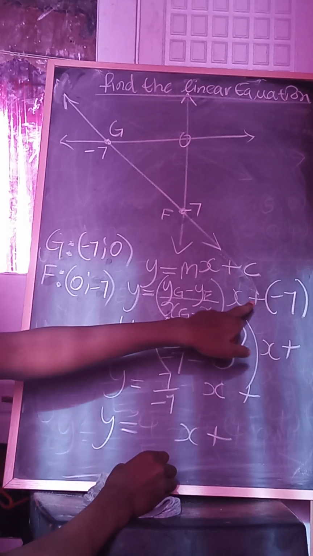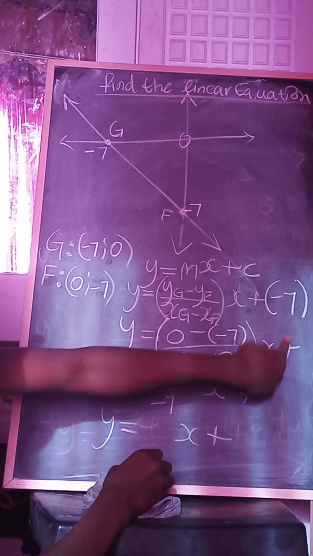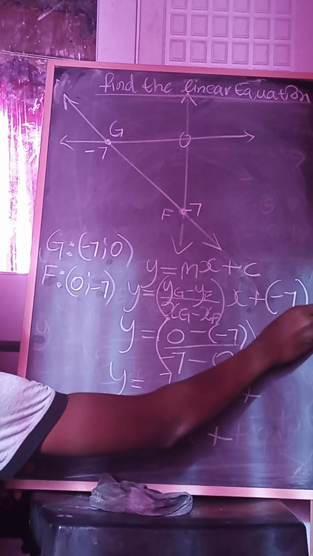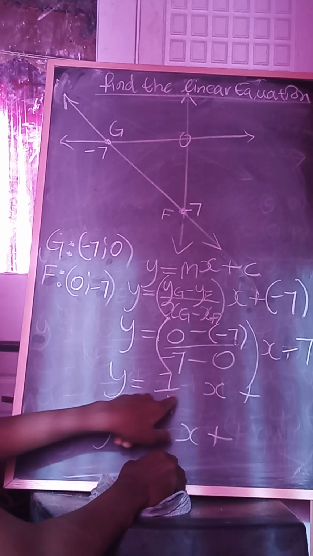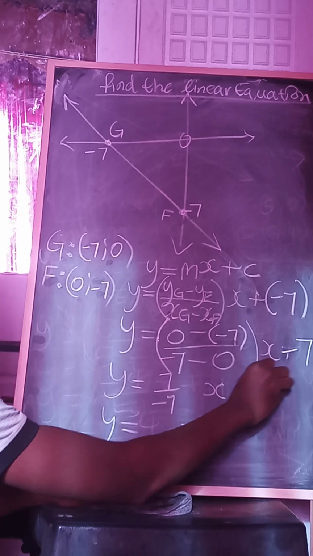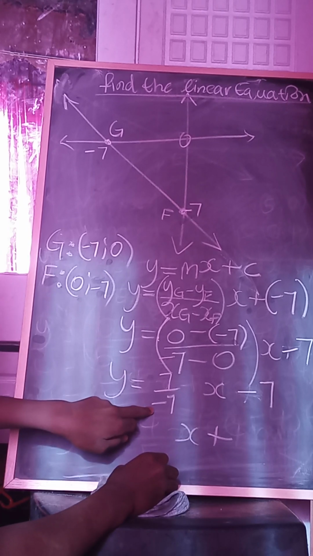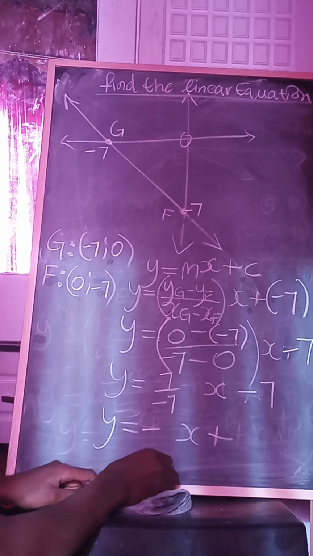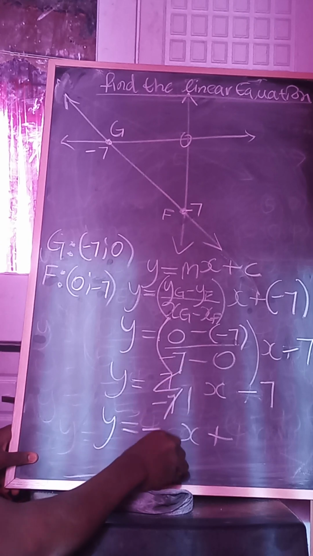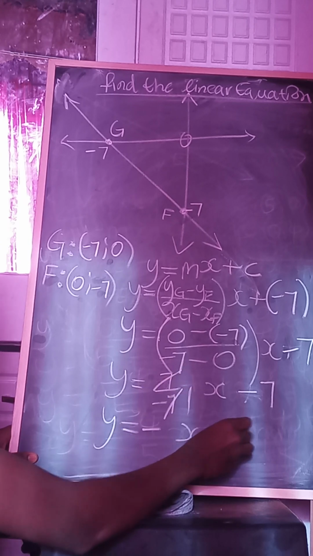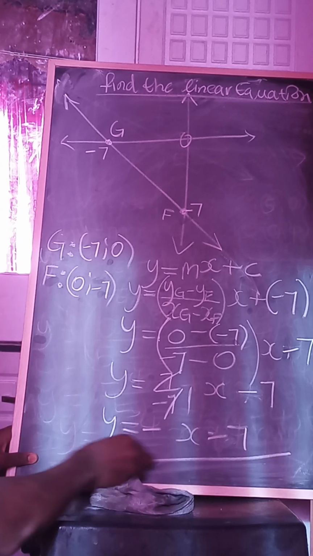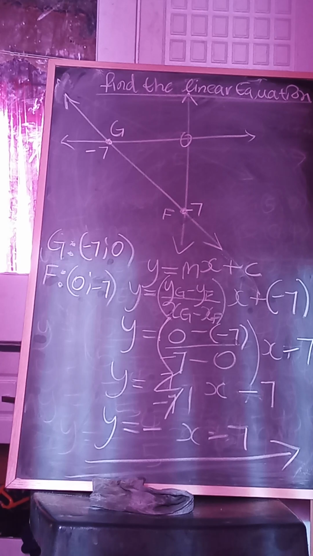Then positive times negative gives you negative. This cancels this, then we are left with 1. Then it's negative x minus 7. This is your final answer.